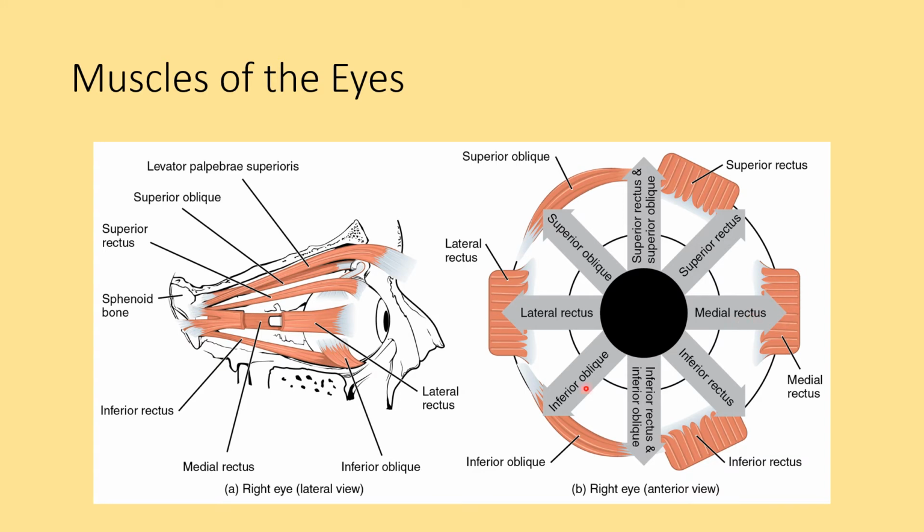So if this one is very strong and this one's weaker, it's going to be pulling the eye towards the medial aspect. And that's when an individual would have lazy eye. There is corrective surgery where they can actually go in and shorten one of the muscles to help pull the eye back into alignment.